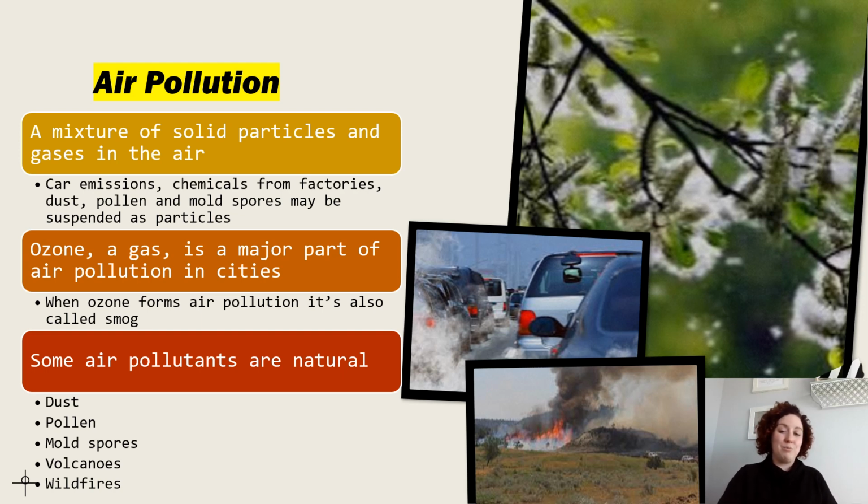Pollen from plant organisms, mold spores from fungi. When a volcano erupts, that releases pollutants into the air as well. Same with wildfires. Again, not necessarily human controlled, it's just what happens on our planet. So it's just kind of learning to live with those sorts of things, but how do we not contribute our own?